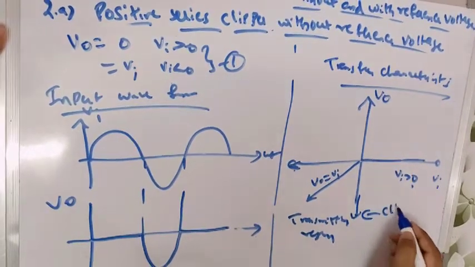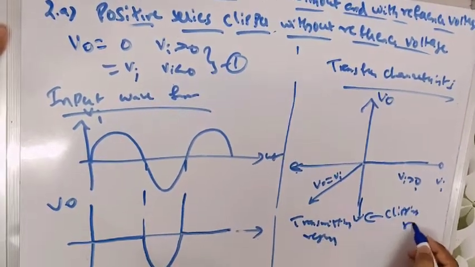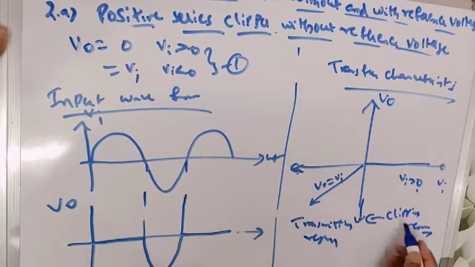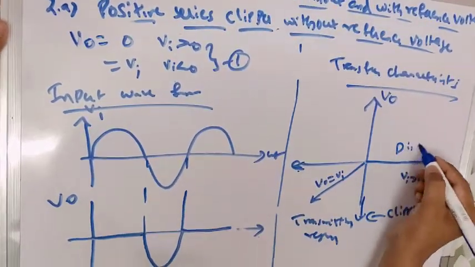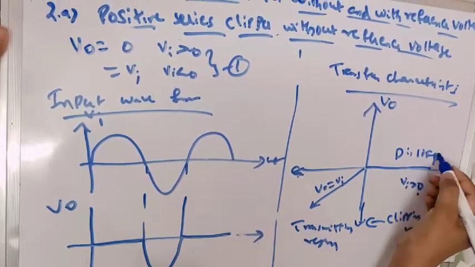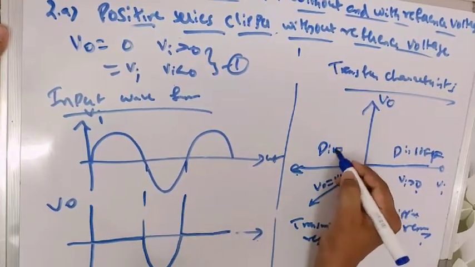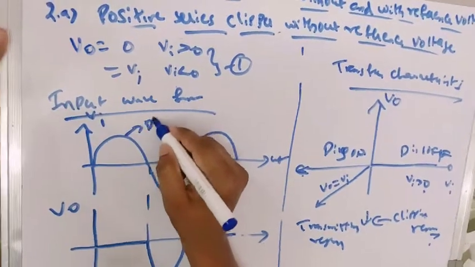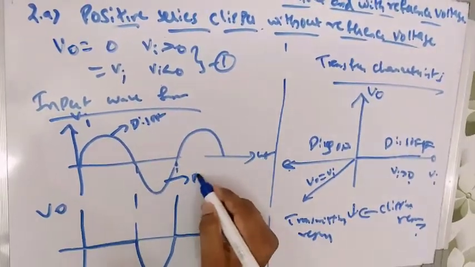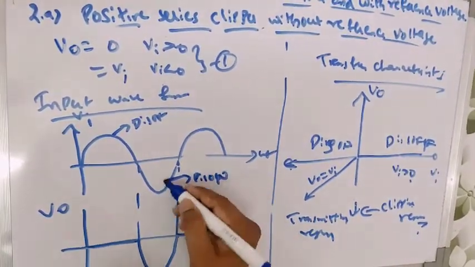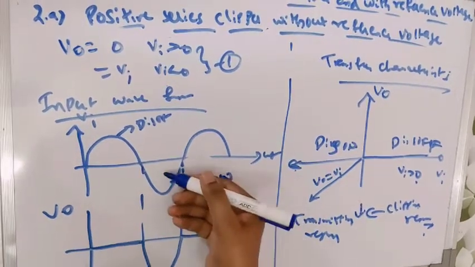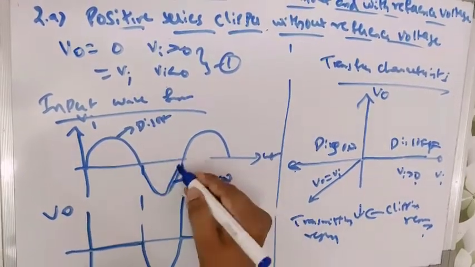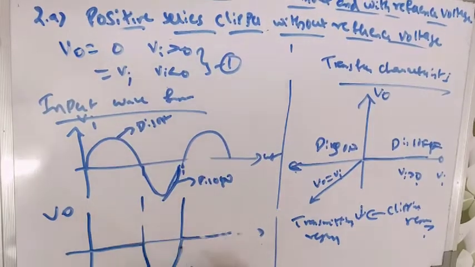In this region the signal is being clipped, the clipping region, in which the diode is off, and in the other region the diode is on. During the positive portion the diode is off, and during the negative portion the diode is on. When the diode is on, whatever the negative portion is, it appears directly across the output terminals.